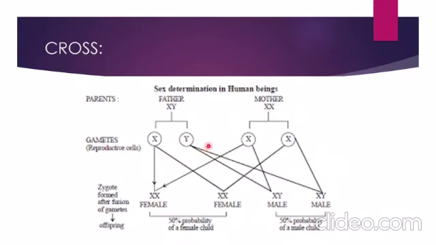This X can combine with this X, then it will be a female child. This can combine with this X, again it will be a female child. This X can combine with the Y, then it will be a male child. This X can combine with this Y, again it will be a male child. So there is a 50-50 probability of having a female or a male child. This is the cross which explains the sex determination in human beings.